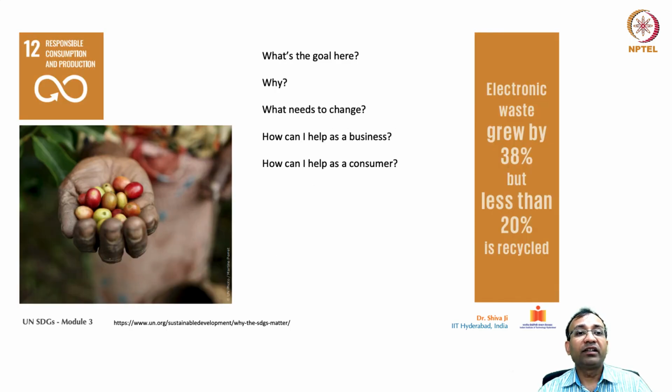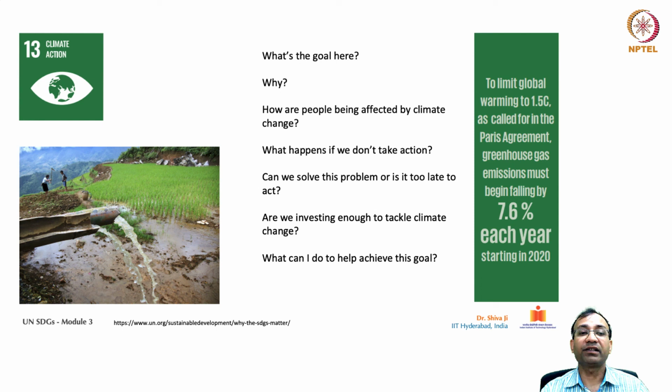Then we have the 12th, responsible consumption and production. What are the goals over here and why do we need them? What needs to change? How can I help as a business? How can I help as a consumer? So you see, help is possible, irrespective of your position and capacity. In whatever capacity you are, you can definitely help. 13th, climate action. How are people being affected by climate change?